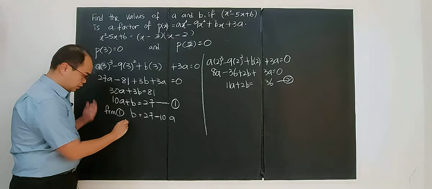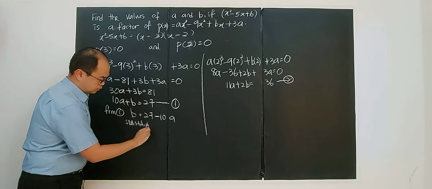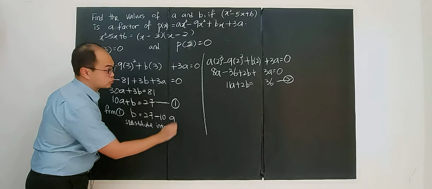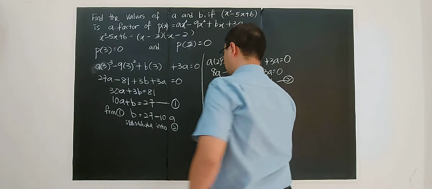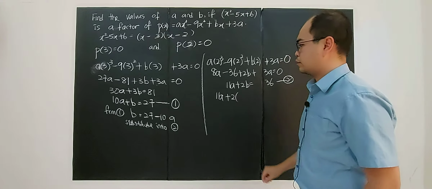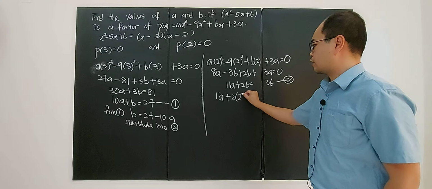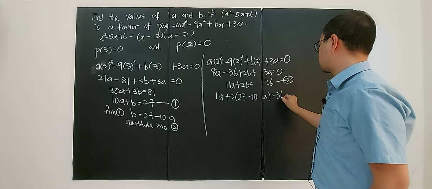So I substitute this into equation number 2. So I have 11a plus 2 times b, where b is 27 minus 10a, equals 36.